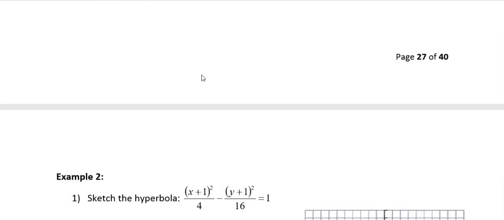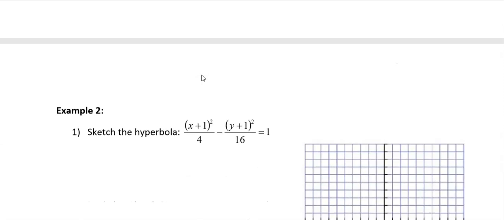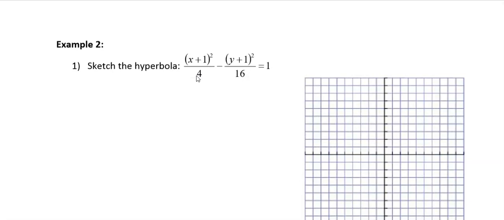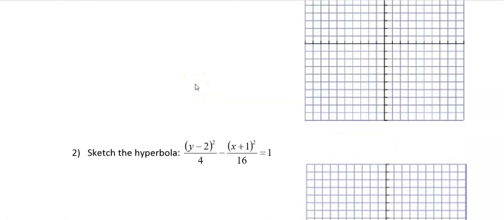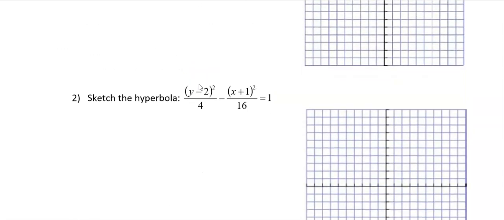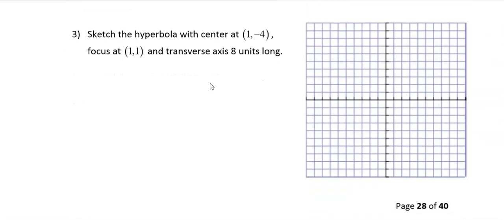So you try those practice ones, and when we come back for our next lesson, we'll start with example 2 on page 28, but everyone, we've done those now. Sketch hyperbolas, drawing hyperbolas. I'll do one of those examples anyway, probably number 1, and I'll do number 3 as well, because in number 3, they're not quite giving you the equation, are they?